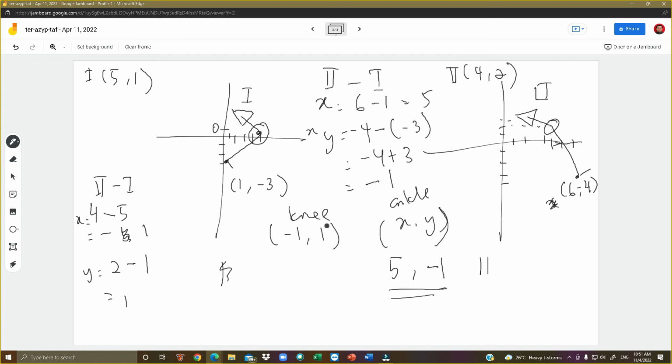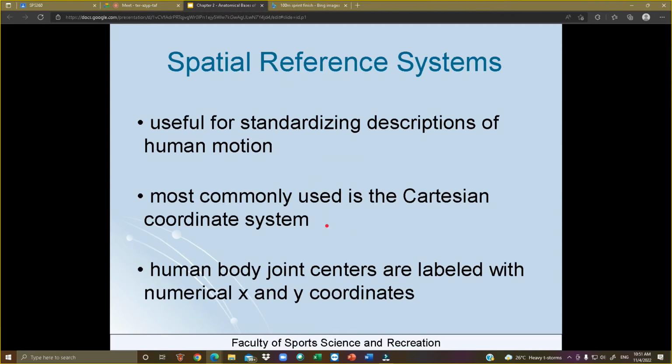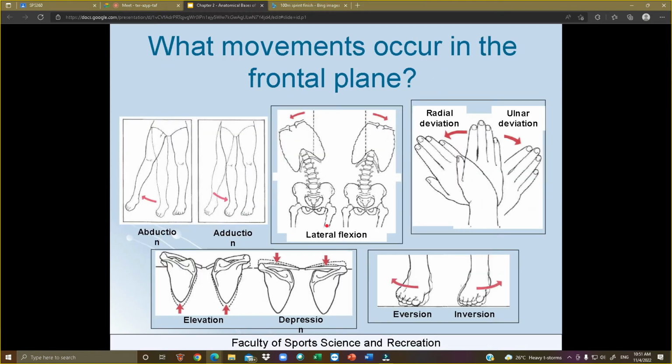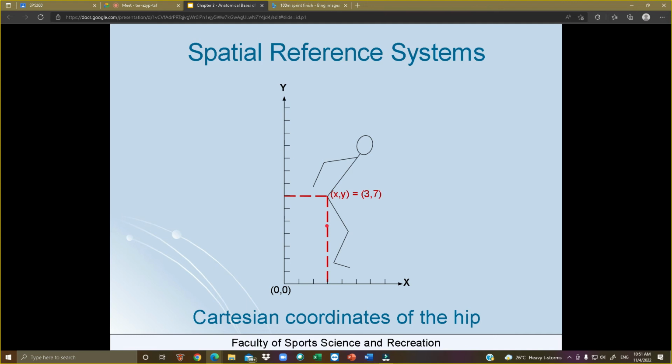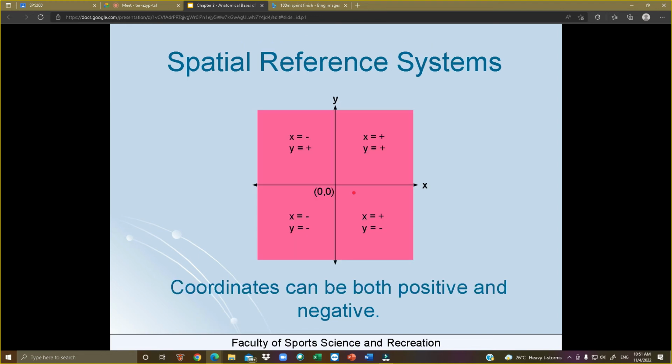If we go by the anatomical reference plane, that is its explanation. But if we explain in terms of Cartesian coordinate, we explain in terms of coordinates, X and Y, and the difference between phases. That is how we explain. Two ways to explain movement.